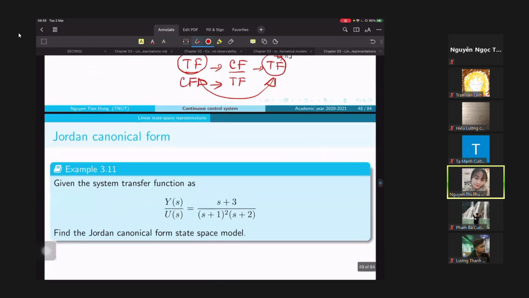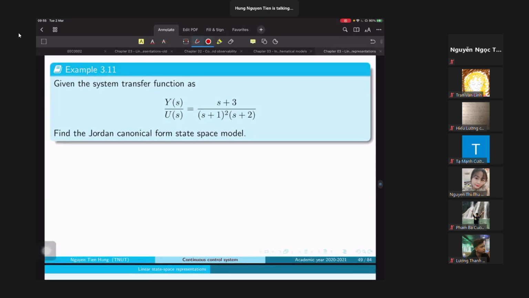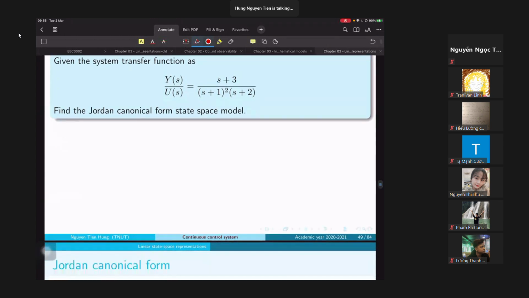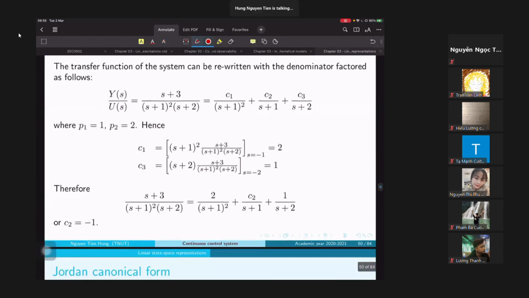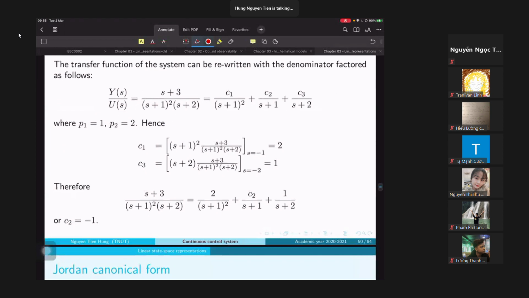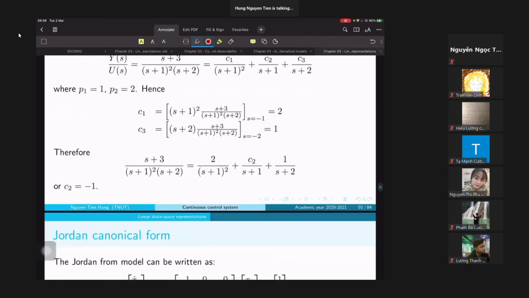And I also gave you an example in the class. I didn't prepare this first, and I made something wrong on this. But finally, when we took it again and found this solution, I already put it in the yellow group, and you already know that we can find C1, C2, C3, and the solution is that C1 is 2, C2 is minus 1, and C3 is 1.